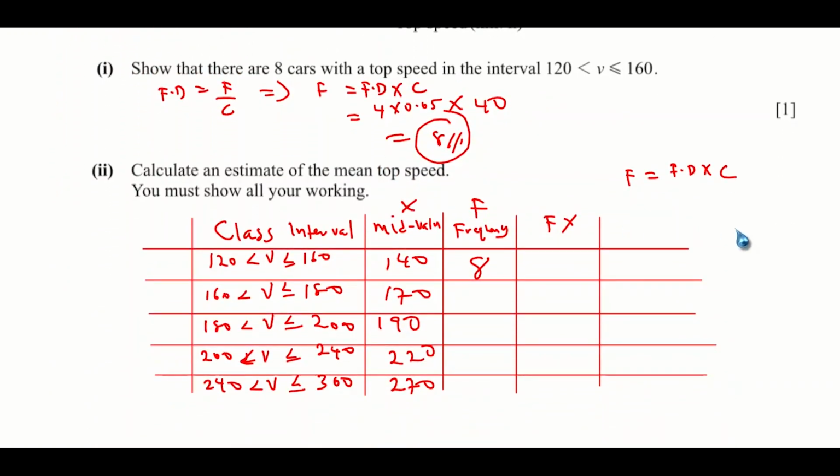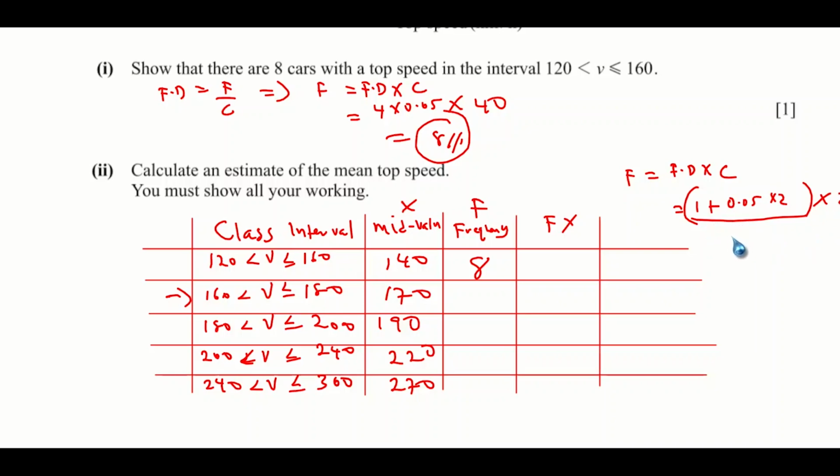So the frequency density of this particular class will be equal to 1 plus the value of a line, which is 0.05, and I have times 2, I have 2 lines. So this will be the frequency density, and the class size will be 180 minus 160, so that will be 20. So this will give me the frequency.